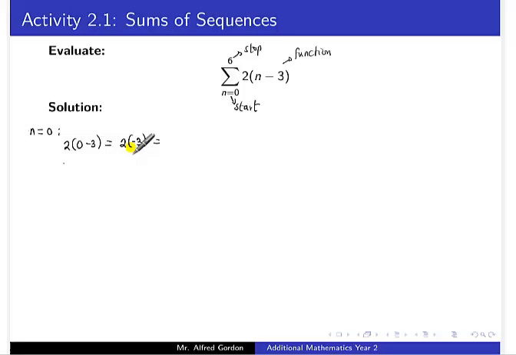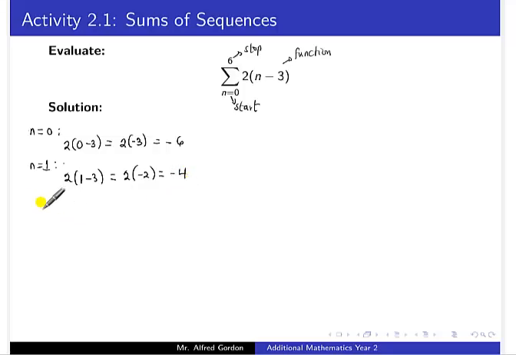And then 2 multiplying negative 3 is negative 6. That is when n is equal to 0. Now let's move on. When n is equal to 1, we have 2(1 - 3), which simplifies to 2 times negative 2, and the result becomes negative 4.